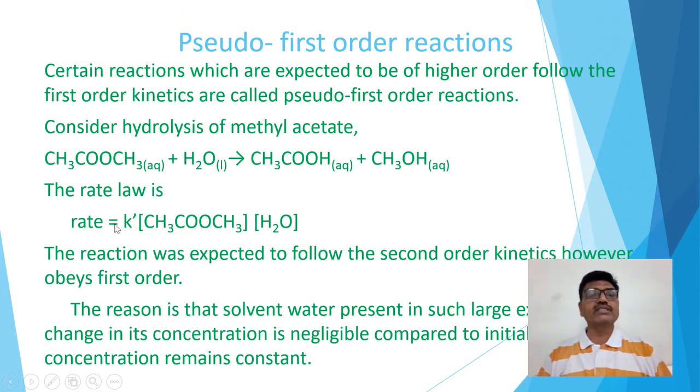The rate law equation we expect is like this: rate is equal to K dash into molar concentration of CH3COOCH3 into molar concentration of H2O. The reaction was expected to follow second order kinetics. However, it is observed that it obeys first order.